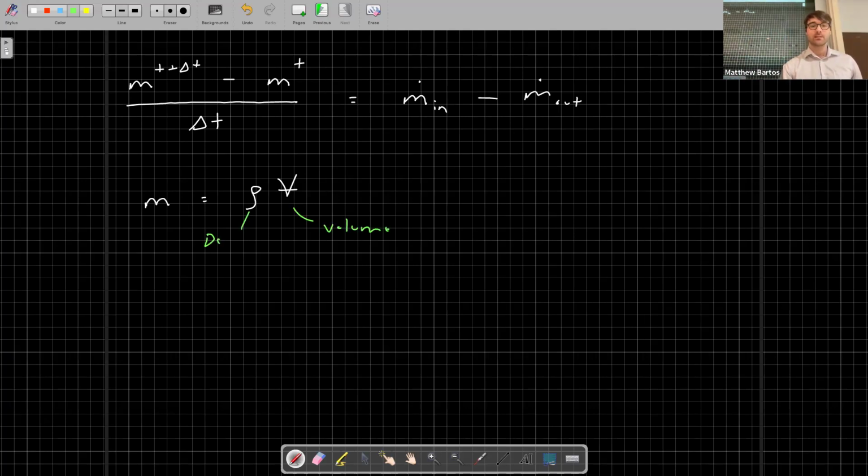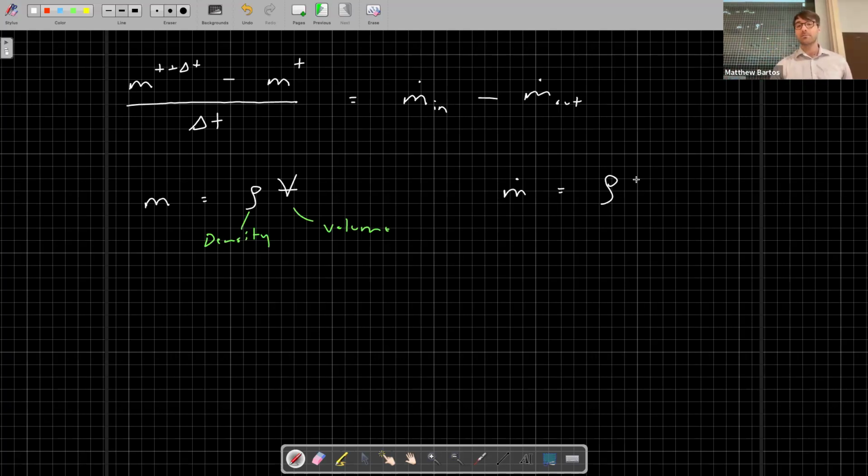This is the density. And we can write that the mass flow rate is equal to the density times what quantity? Q, very good. So the mass flow rate has to equal the density, which is the mass per unit volume, times the flow rate, which is volume per unit time.